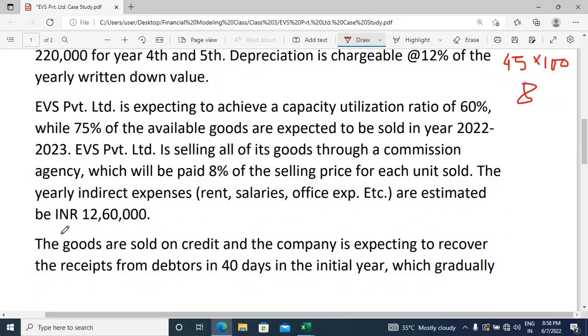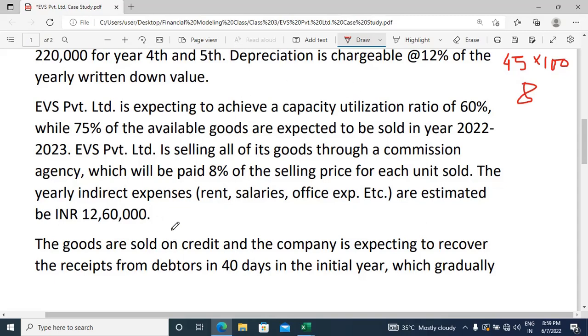The goods are sold on credit and the company is expecting to recover its receipts from debtors in 40 days in the initial year. So that means in the first year they will sell these goods to their customers through this commission agency, and the customer will pay back our company EVS Private Limited after 40 days of selling the goods.